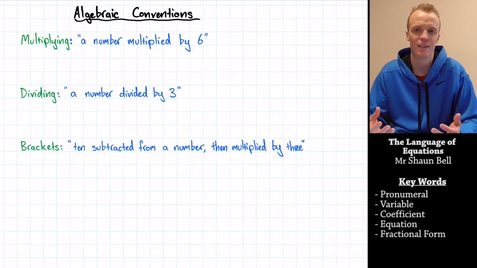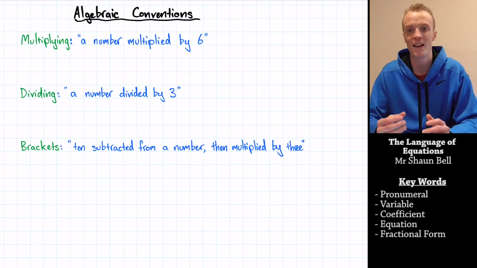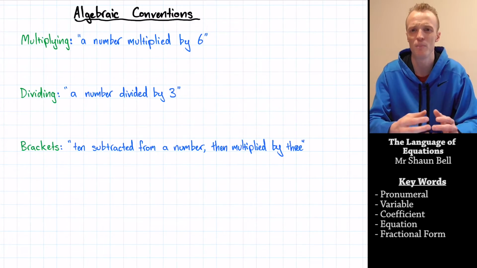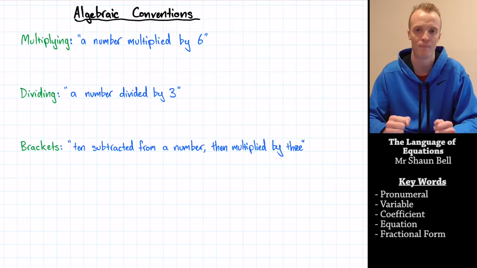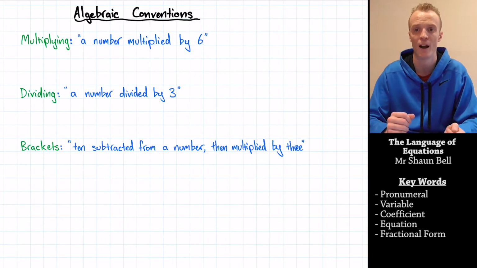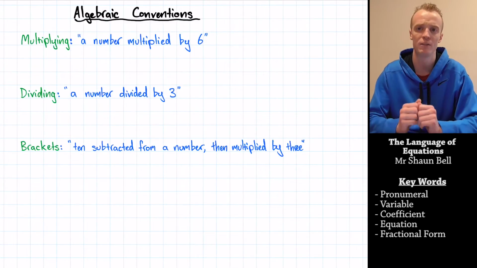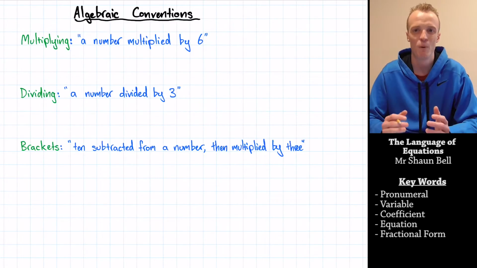Similar sorts of reasons. So anyone from anywhere can come into that mathematics and have an agreed upon way to represent something. It doesn't mean that you couldn't represent it a different way, but it gives an agreed upon way to represent things. So what were those 3 conventions we came across?